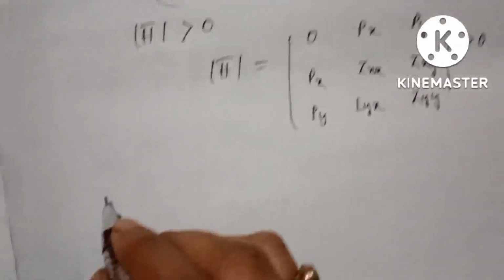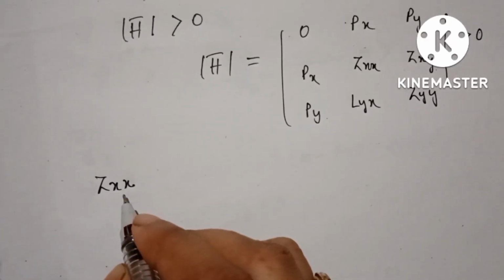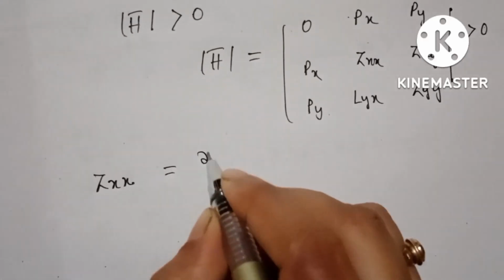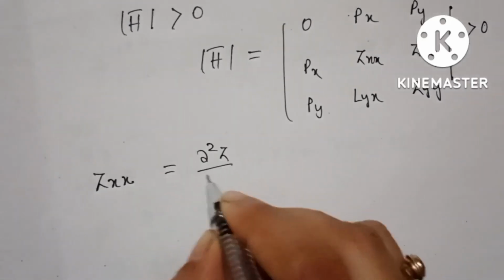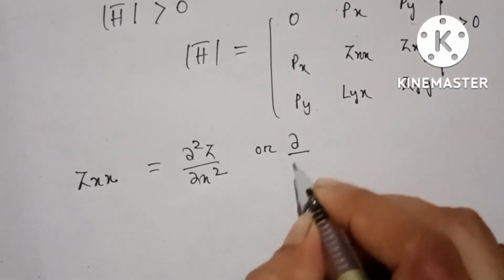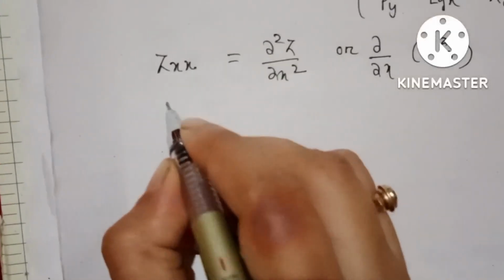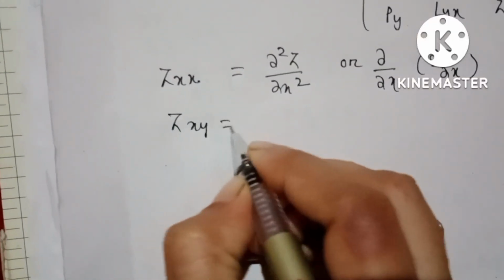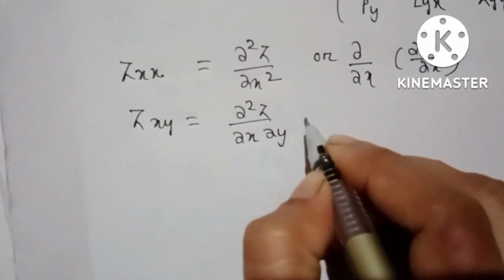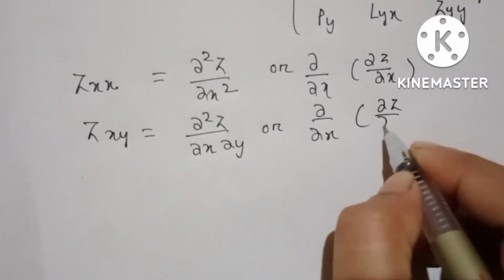Here, what is zxx? Zxx is the second order partial derivative, d square z by dx square, or d by dx of dz by dx. And zxy equals d square z by dx dy, or d by dx of dz by dy.